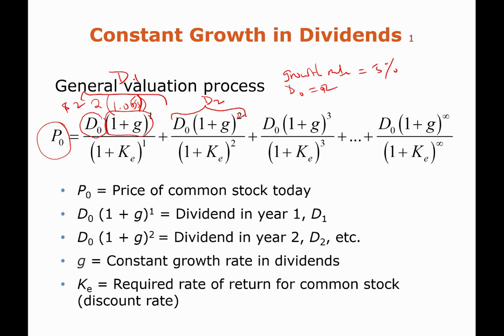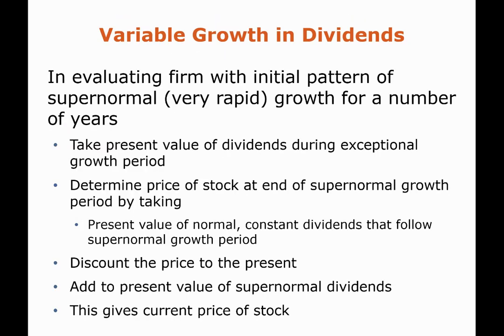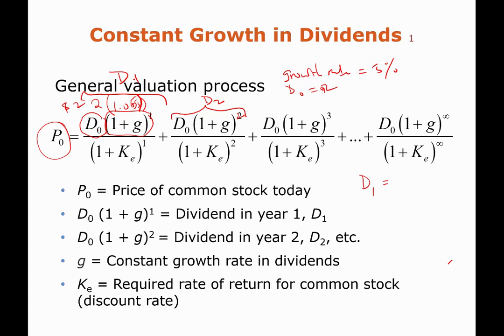For us to use this formula, if there's a constant growth, then we need to determine the dividend paid in year one, which is going to be the dividend paid in the current period times the growth, and this will represent your year one. Just keep that in mind.